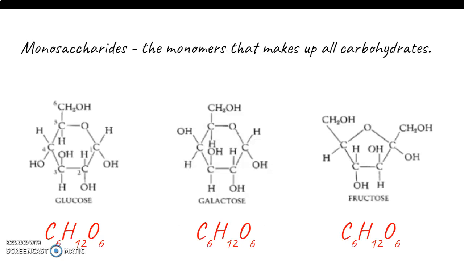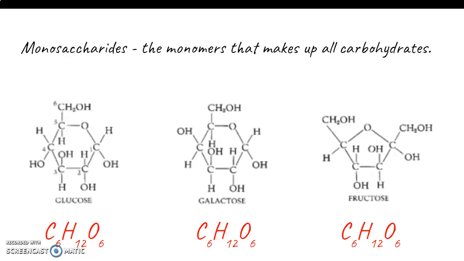Now, go back to that idea of monomers and polymers for a second, and we're going to describe and picture here the smallest, the monomer version of a carbohydrate, and we call it a monosaccharide. So a monosaccharide is the monomer.